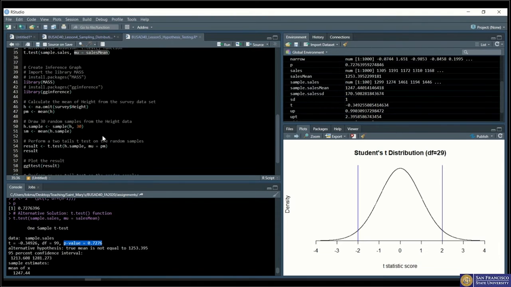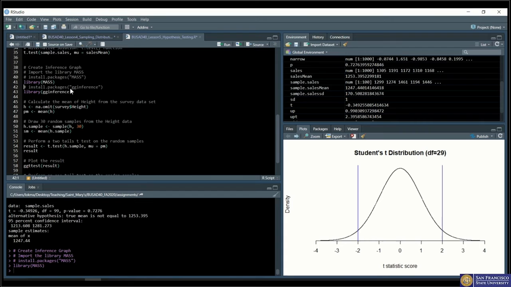Another important thing to learn in this class, I think, is how to plot or make some very nice visualizations for your hypothesis testing. Specifically, I would like to use a library called MASS in this example. MASS is a library that contains many different data sets that you can use.